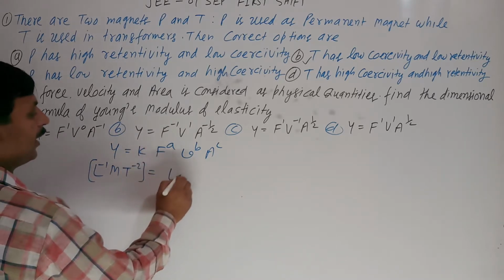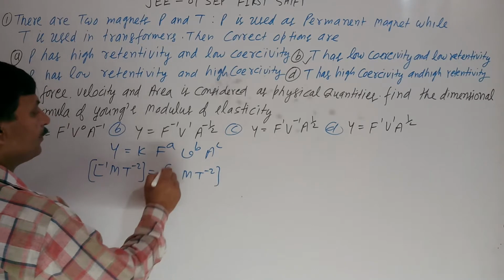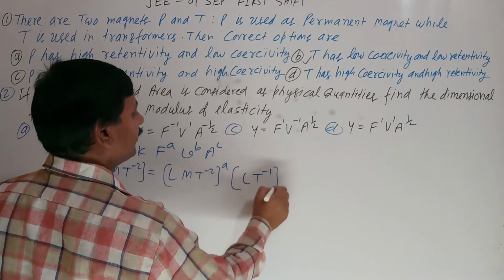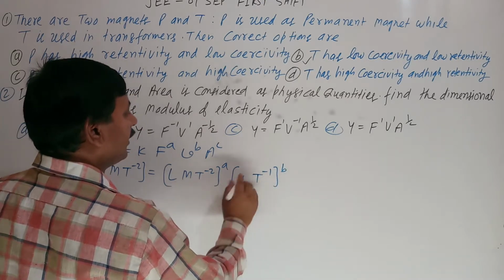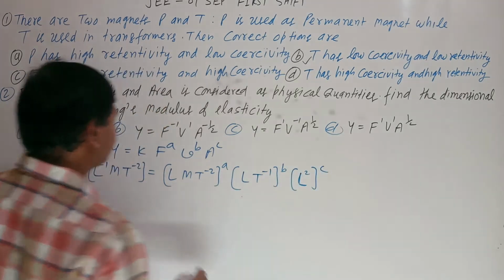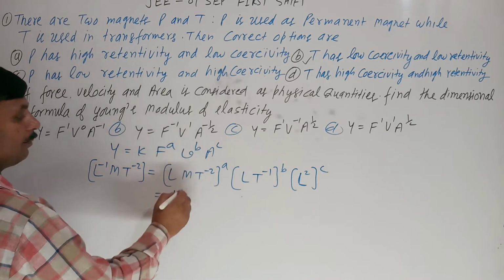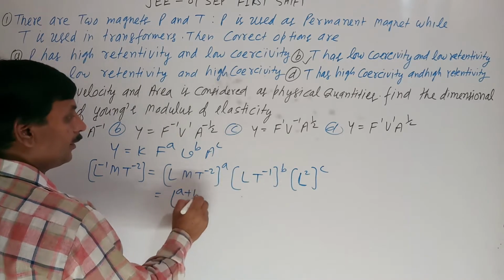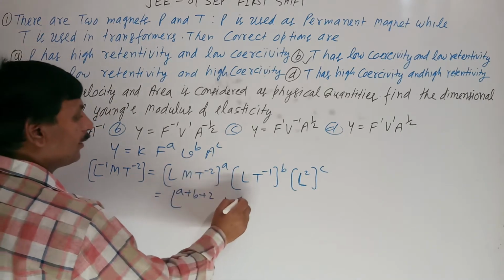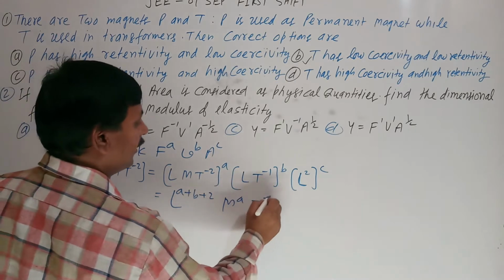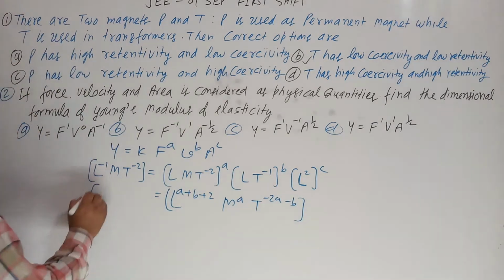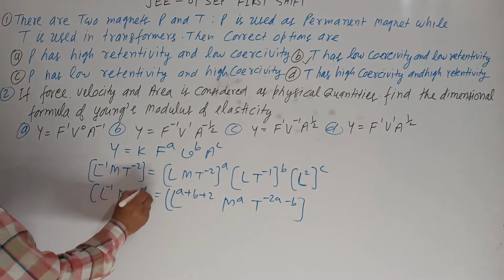Dimension formula of force, L m t raised to minus 2, power A; velocity, L t raised to minus 1, power B; and area, that is L square, power C. Simplify it: L power A plus B plus 2C, m power A, t power minus 2A minus B. If it is dimensionally correct, both side dimensions should be the same.